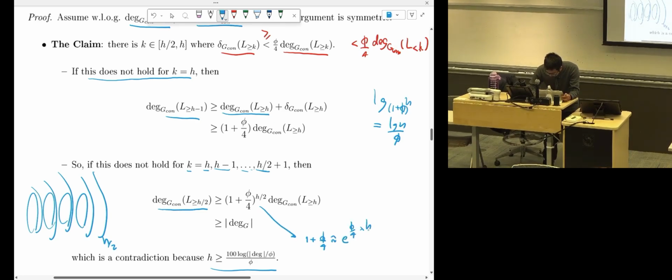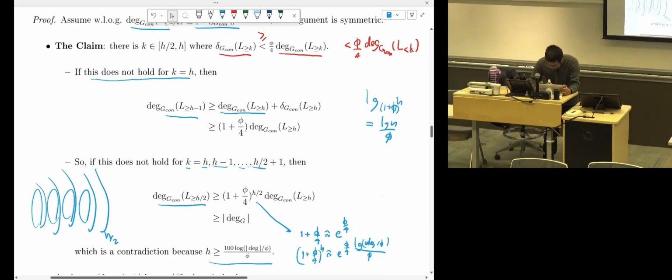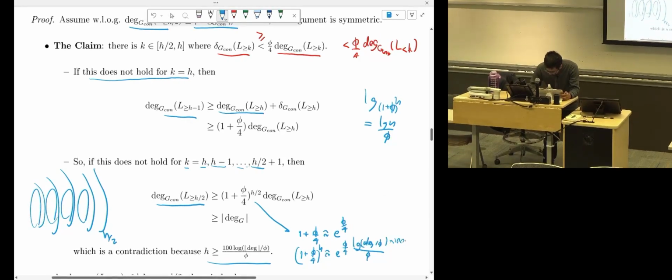And if you raise it to the power h, then this is e to the phi h over 4, and this is like log of degree over phi times degree times phi, something. The point is, multiply by 100 here.